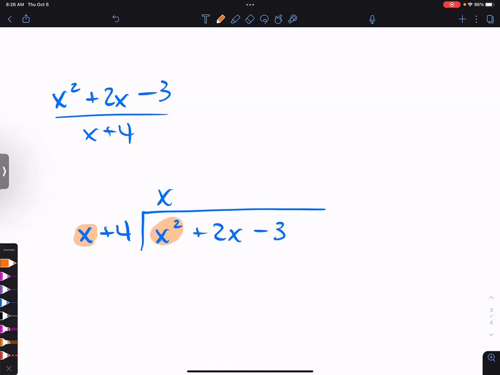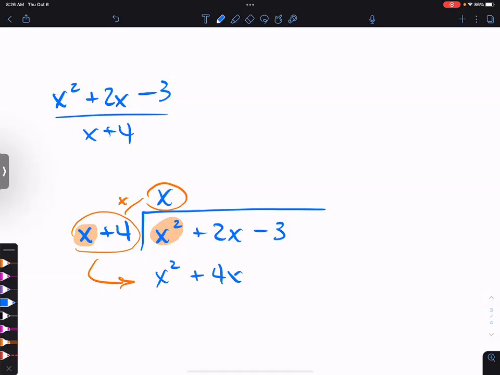Then just like we did before, we're going to multiply. So I'm going to take this, multiply by this, and bring it down here. So what's x times x plus 4? X squared plus 4x. Then we subtract.